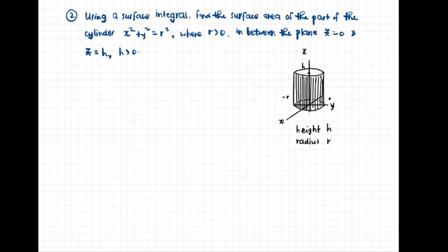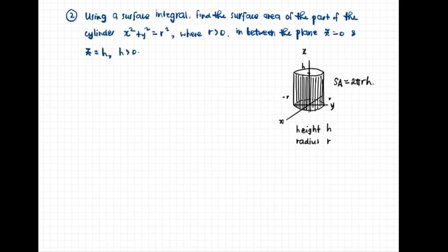And so since we only want here the lateral portion of the cylinder, not including the top and the bottom, of course, then the surface area is in fact given here by 2 pi rh. So using a surface integral, we aim to actually obtain here the same answer.